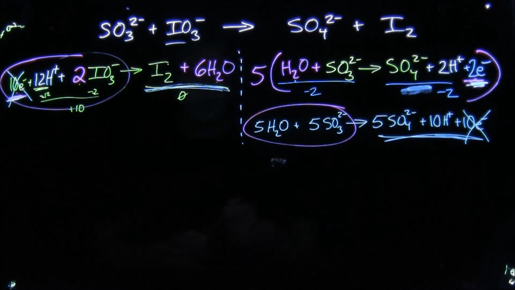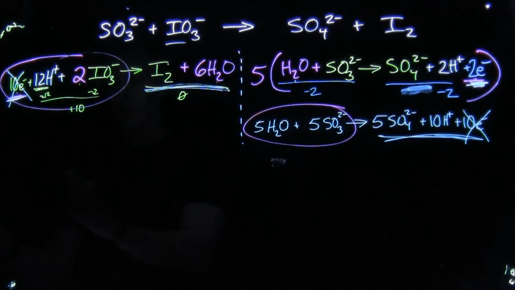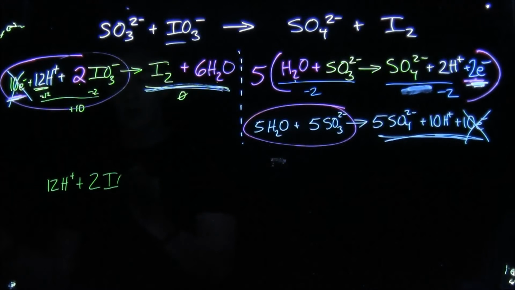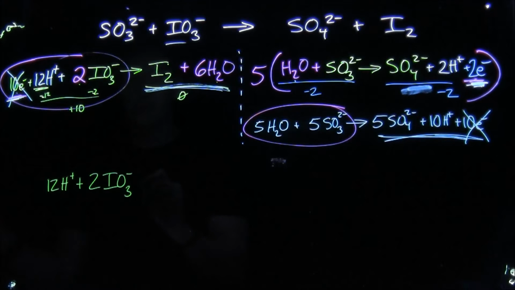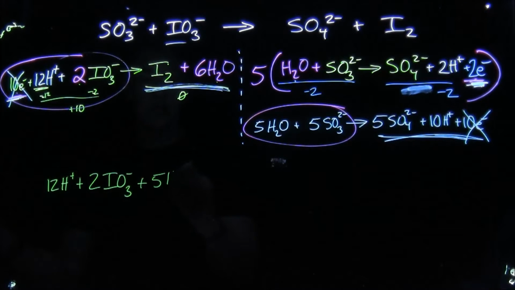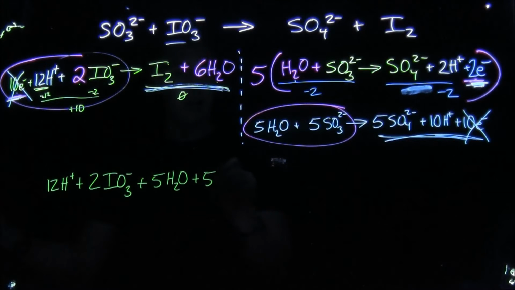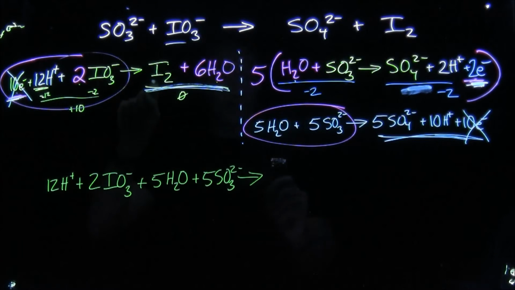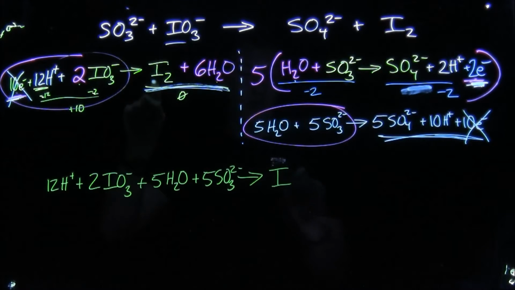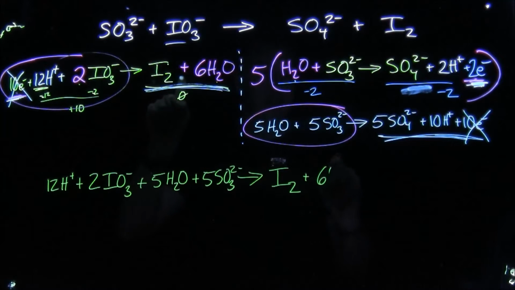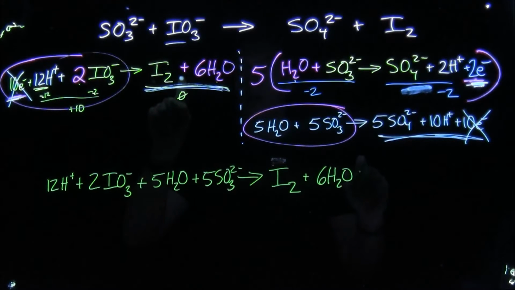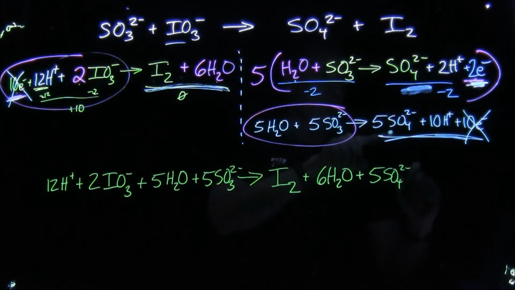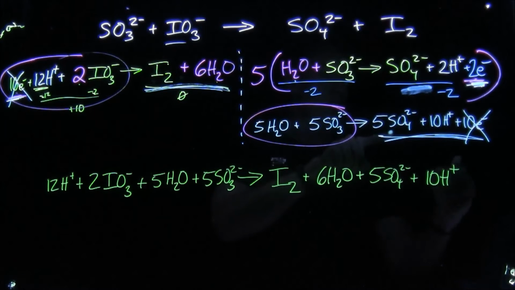And so our final equation is going to look like 12 H plus ions plus 2 iodate ions plus 5 waters plus 5 sulfites react to form I2 plus 6 waters plus 5 sulfates plus 10 hydrogen ions.